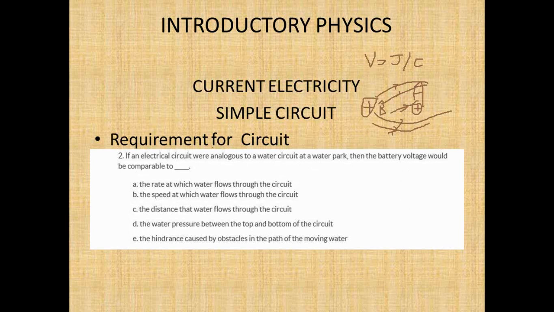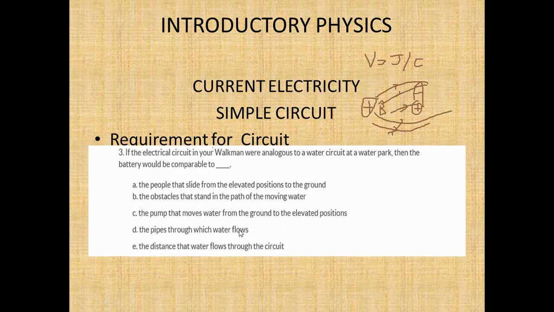That's what the battery voltage would be equivalent to. So remember, your battery is going to move your positive charge from the low potential terminal, which is negative, to the high potential terminal, which is positive. So the water pressure between the top and the bottom of the circuit at the water park is equivalent. Your battery voltage is equivalent to that. All right.